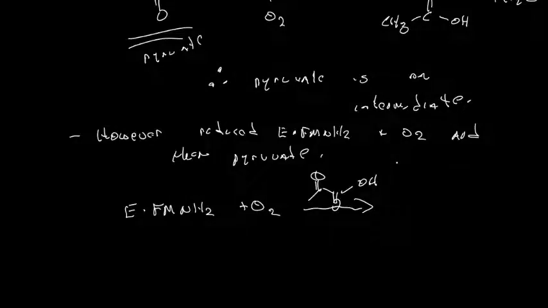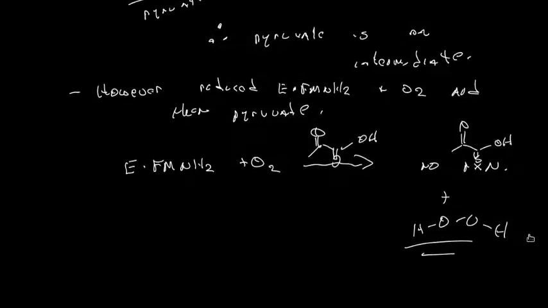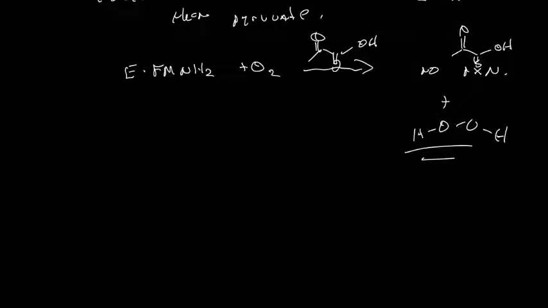That's our pyruvate. They saw no reaction. But they did observe the generation of peroxide. The pyruvate was unchanged, but they saw the generation of peroxide. So therefore, what they concluded was this reaction is much like a flavin-dependent oxidase.